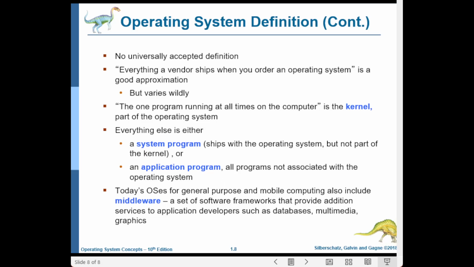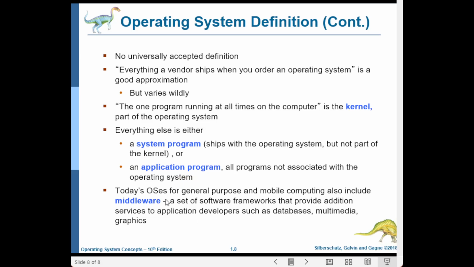System programs ship with the operating system. We have three types of system program, which are utilities, device drivers, and language translators. Application programs are all programs that are not associated with the operating system.